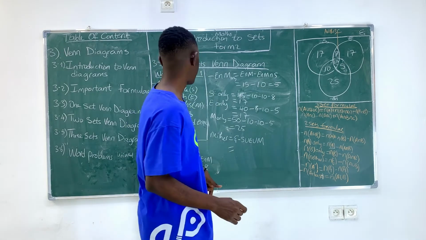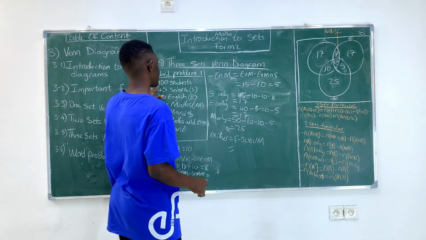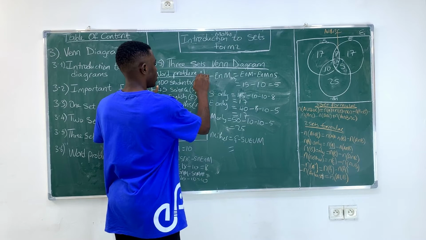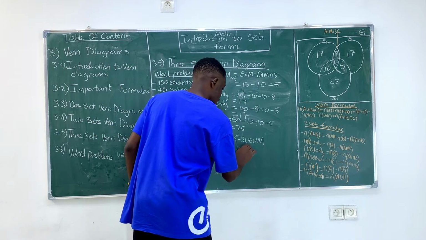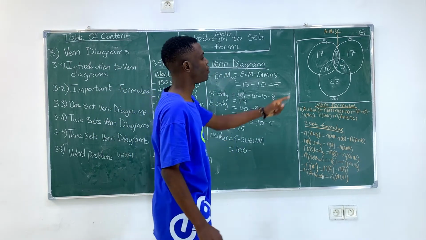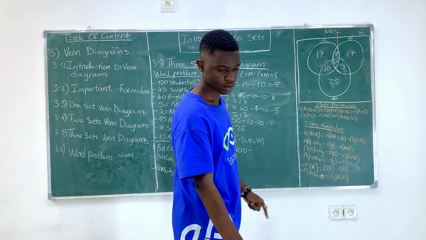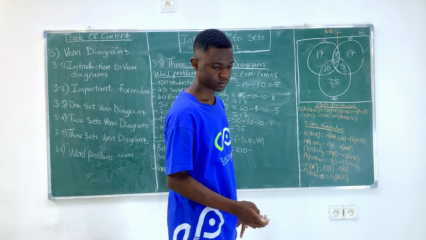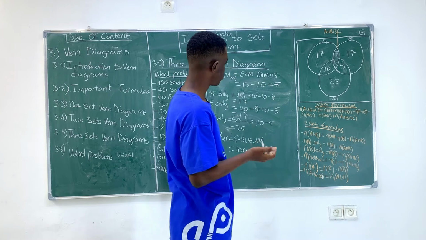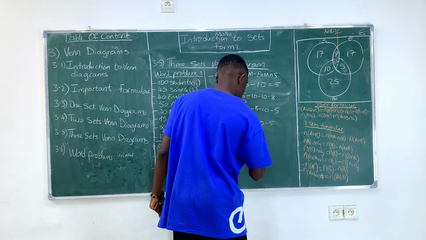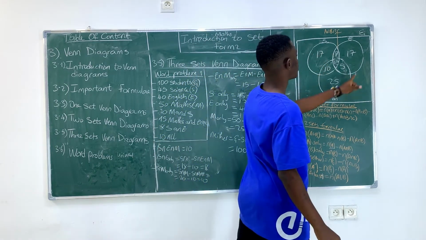When you have your answer, you're going to take our sample space, 100, minus our answer. When you add all of it, you're going to have 98, I think. 92. Alright, we're going to have 92.